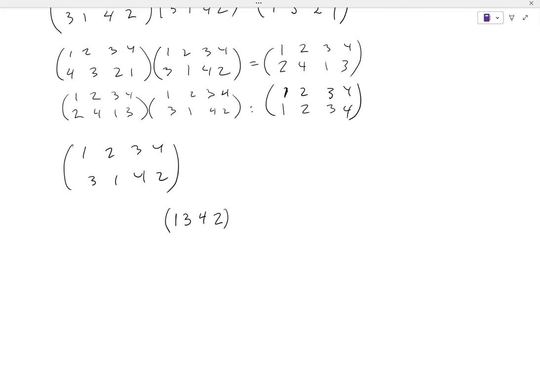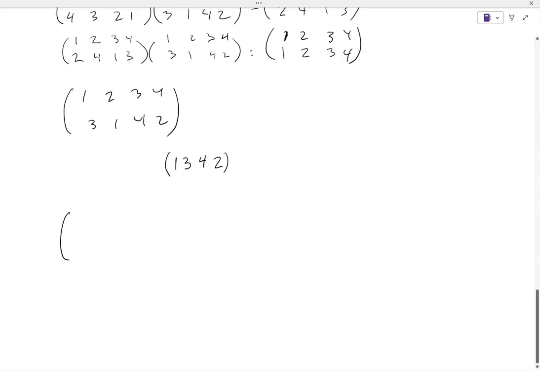Okay. So let's do one that's a little bit more complicated. Let's say I look at something in S9 here. Doesn't that sound like fun? Didn't look like people were having too much fun.